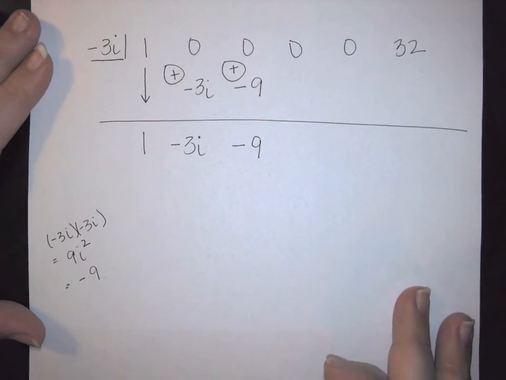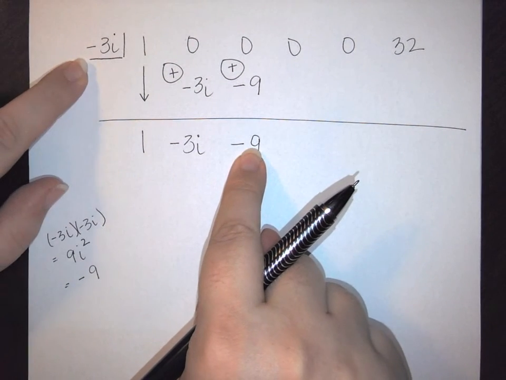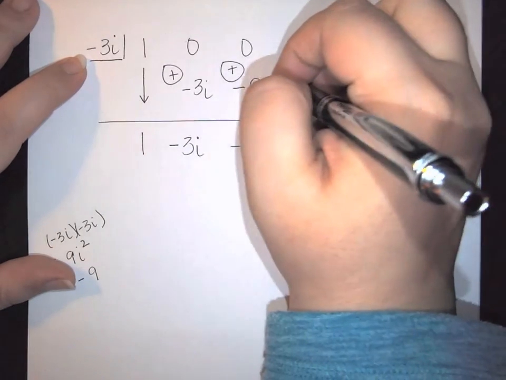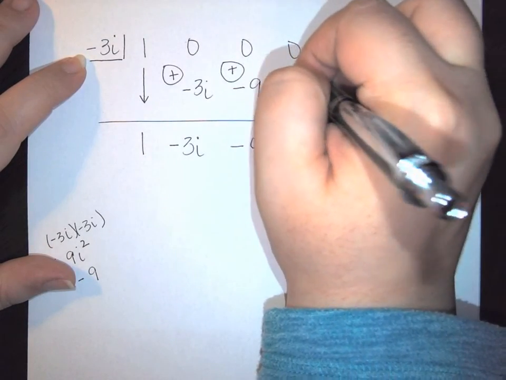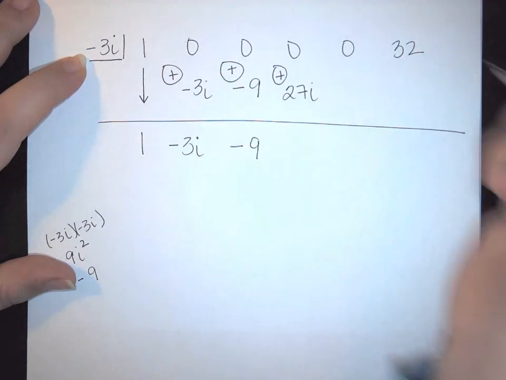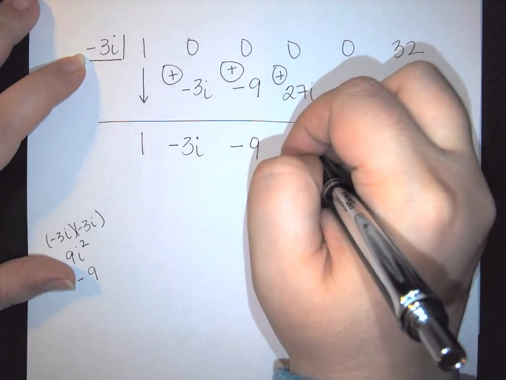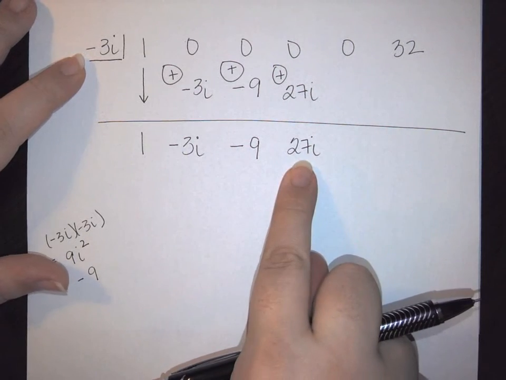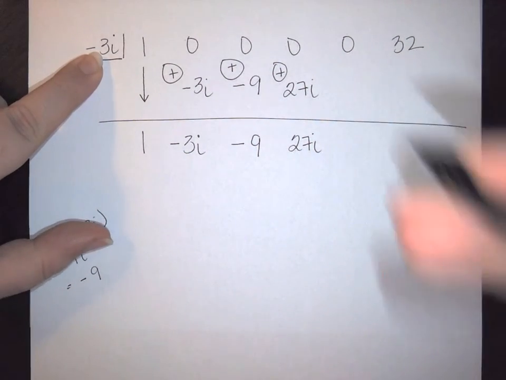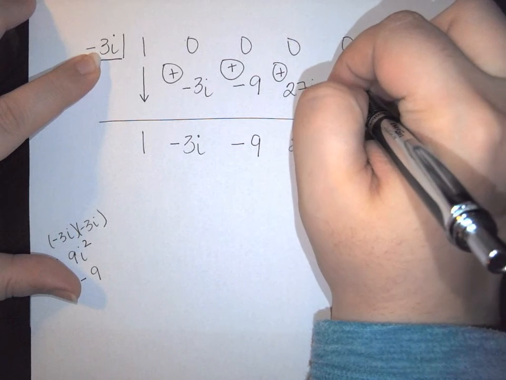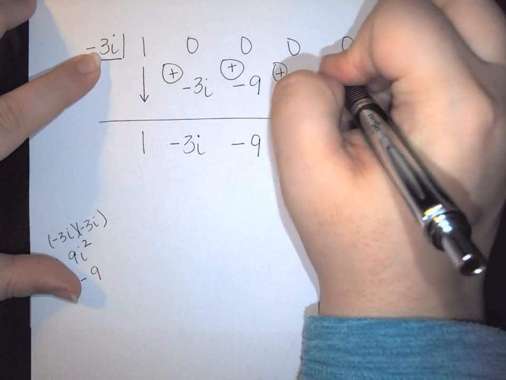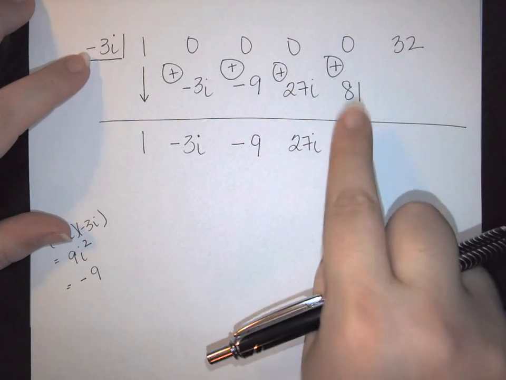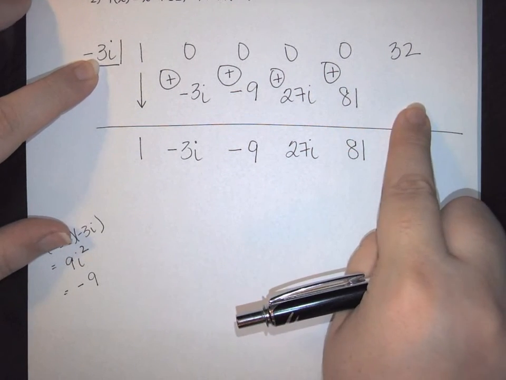Then we're going to multiply again. Bottom times the factor goes underneath. Negative and negative is positive, so this becomes 27i. We add these together, and it gives us 27i underneath. 27i times the negative 3i is going to give us 81. We add these together, and this is 81. Again, bottom times the factor goes underneath.